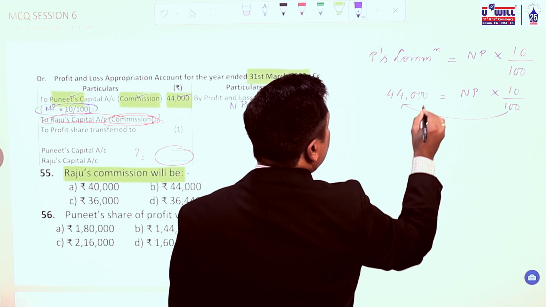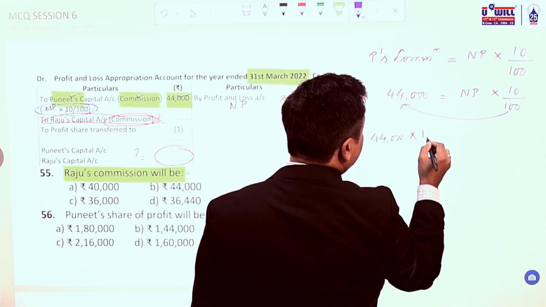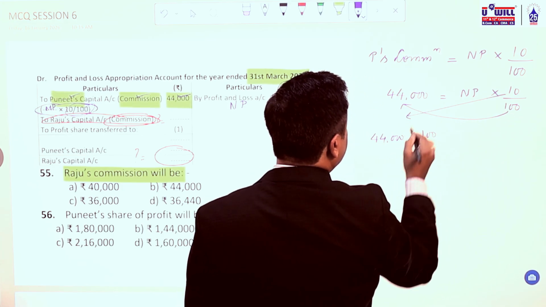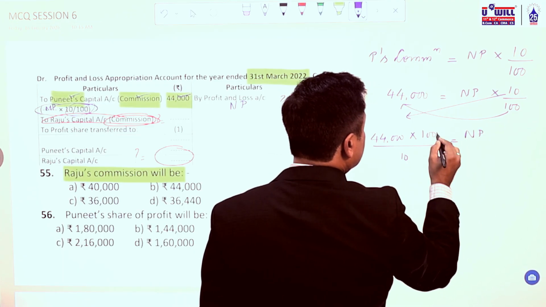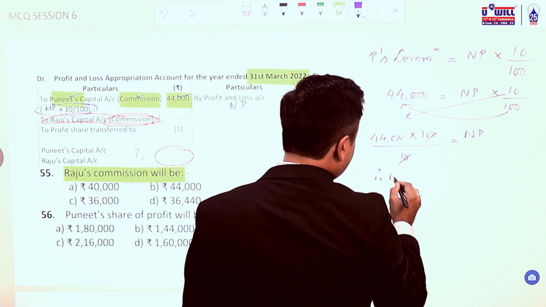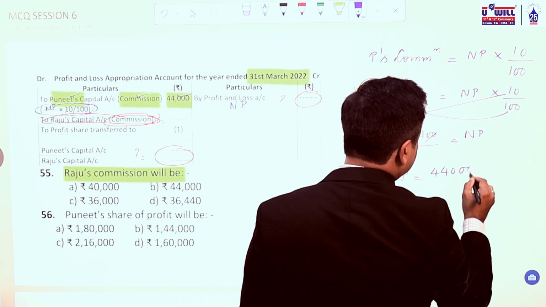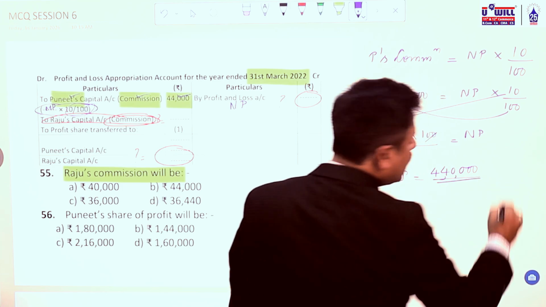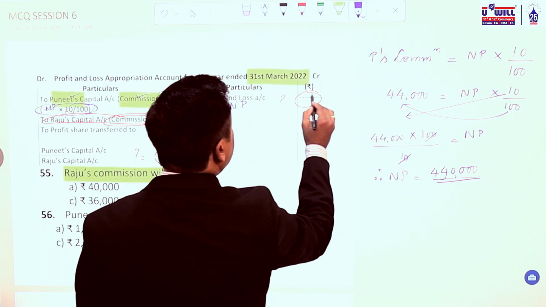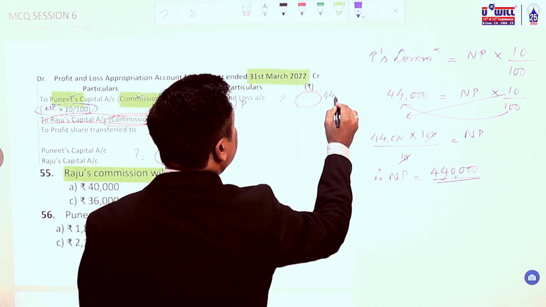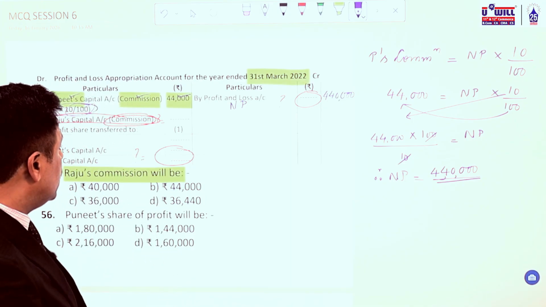If you bring 100 to the other side, 44,000 will get multiplied by 100 and 10 on the other side will get divided. So net profit is equal to 44,000 into 10, that is 4,40,000. This amount would be equal to 4,40,000.